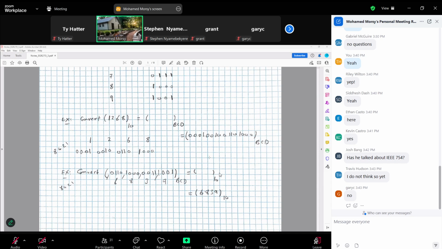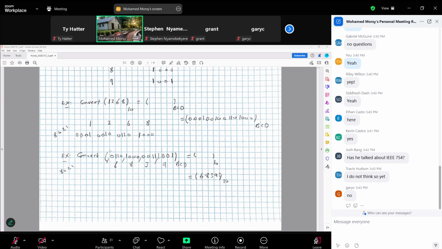So to convert the number 1268 in BCD code, this is the corresponding code here. Again, in BCD format.